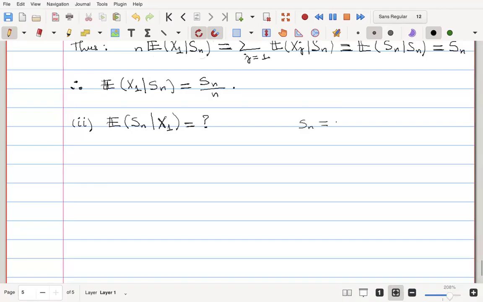This is x1 plus the summation. Now in the summation here, we can start from 2. So we split the sum into two, x1 plus the sum of xj.